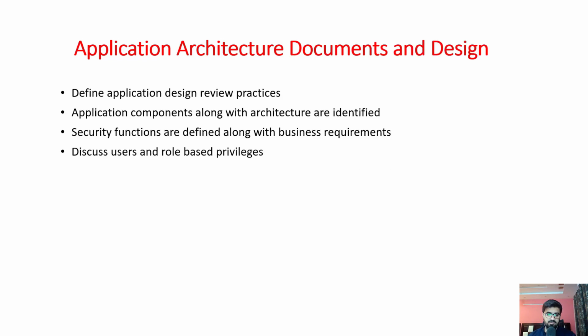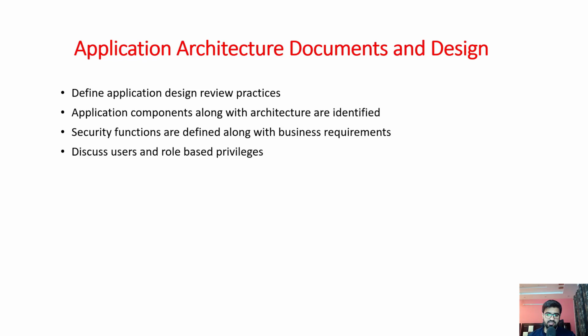The name sounds quite descriptive, but this area needs to be handled very seriously. If the security controls, the roles of the users, the privileges, and the business processes with respect to information security are defined correctly, I believe the developers would do a great job of restricting or hindering security breaches. So what needs to be done is that the application design review practices should be defined. The components should be identified.